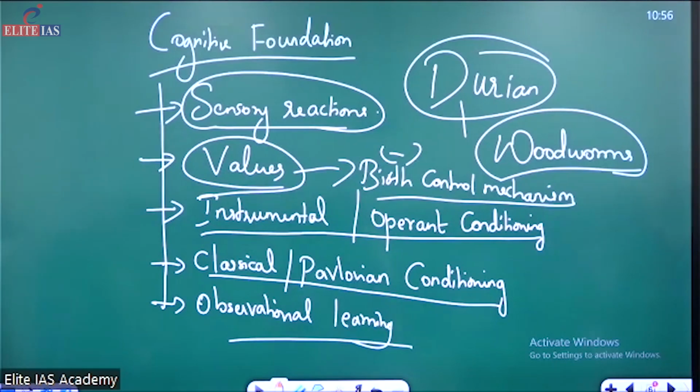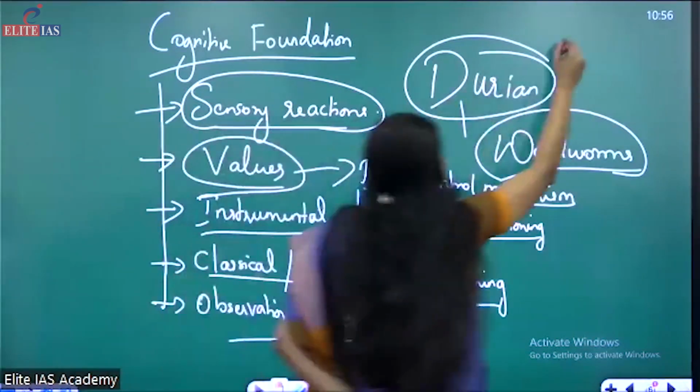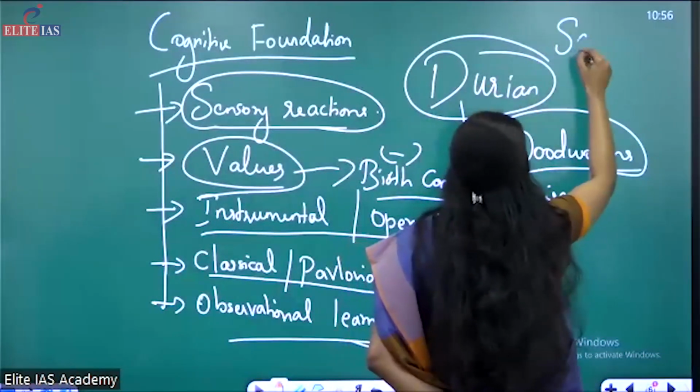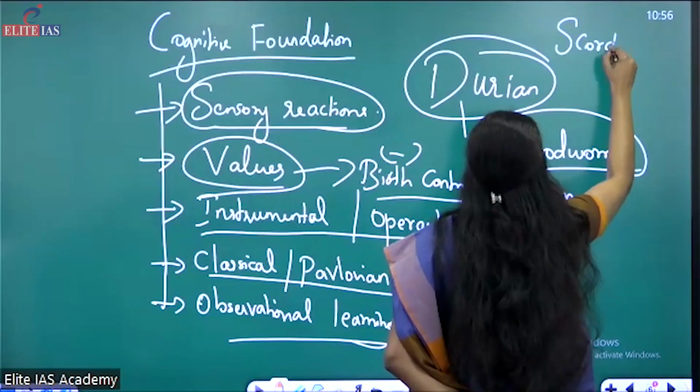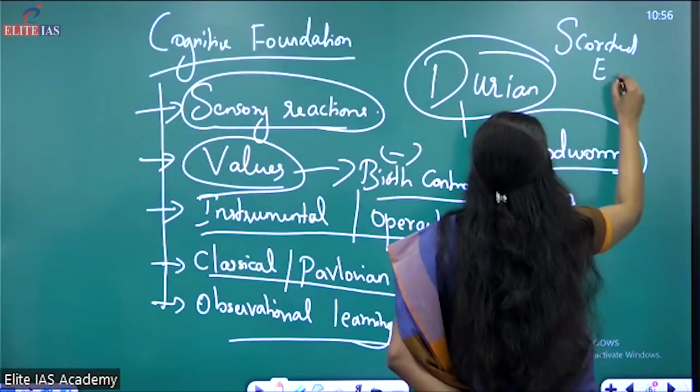Yes. Right. For this, you can also give some example like scorched earth policy. Scorched earth policy. What is it? We already gave some example like birth control and all. Scorched earth policy. Anybody heard this word anywhere?